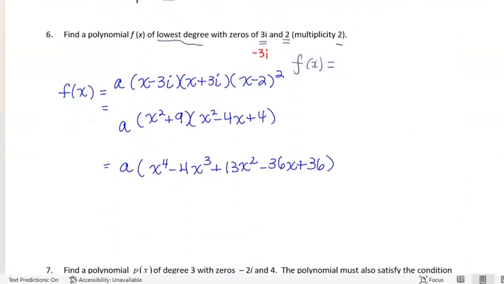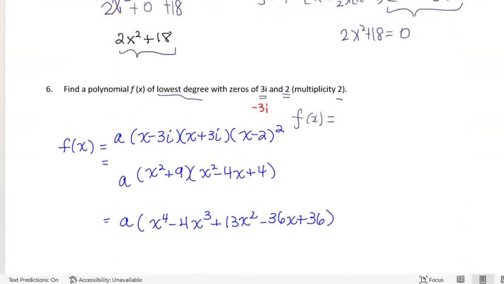So we go back here. I can write the given function as a coefficient times the factors. They already tell me 3i is a zero. Then we need to know the conjugate of 3i, negative 3i, is also a zero.